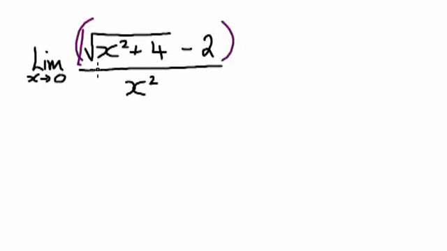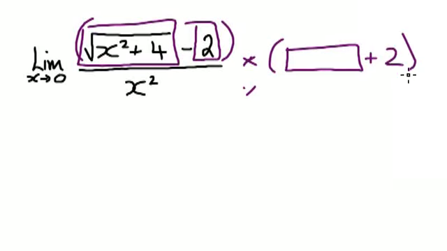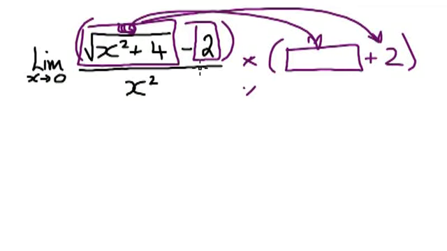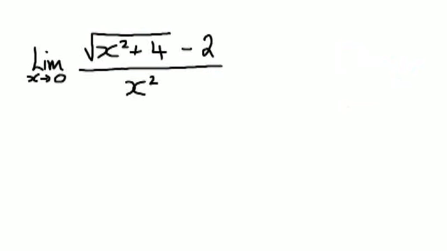So you've got one thing here taking away another thing here. Now times top and bottom by the conjugate of that. So it will be that whole block there, but this time plus 2. And then later on you will get this times this block, this times this block, and then this times 2 here. You see the two, I will show you.